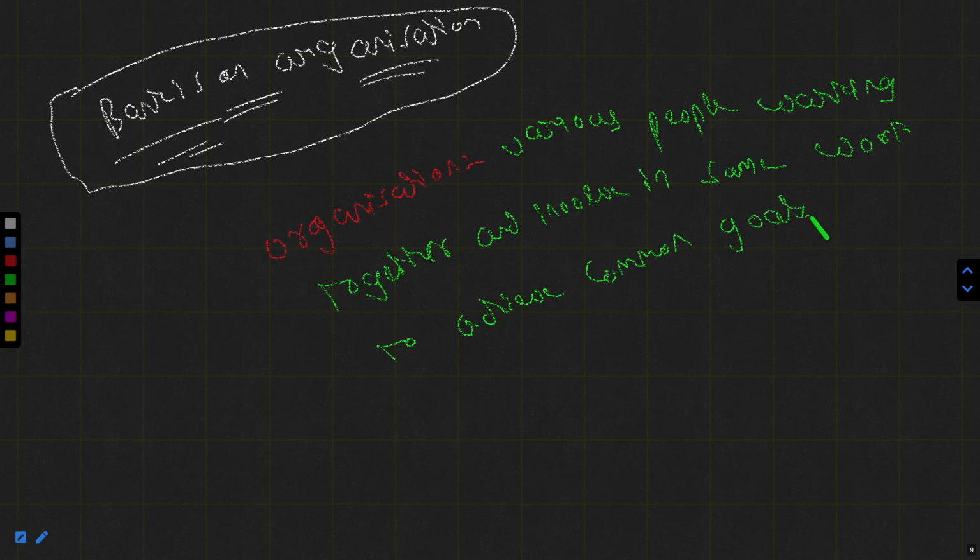In banks, various people are working together for common goals. Every organization basically has ownership or stakes.